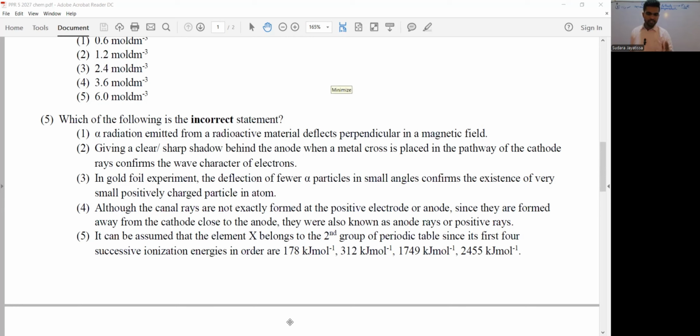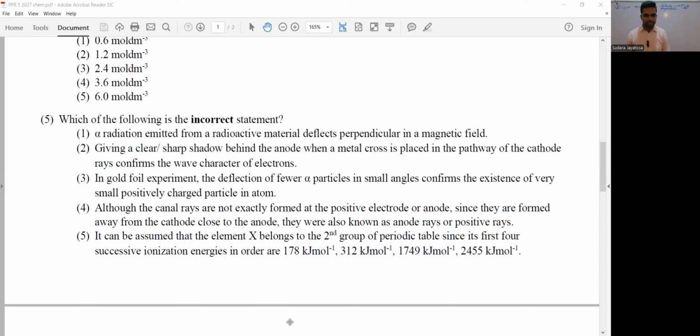It is explained very well. See, Ashima, you are telling an answer. I'm going to read your answer. The metal cross experiment proves that cathode rays travel in straight lines. See, that's a nice explanation. It's not telling you anything regarding wave character. You haven't learned about wave character yet. You are going to learn wave character in your next unit. Okay. Very good. I'm getting several answers.